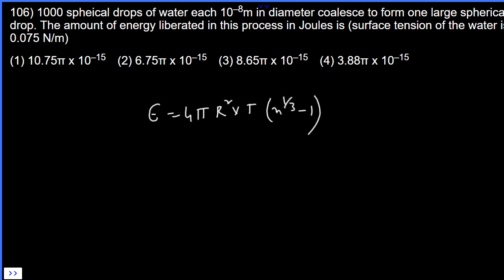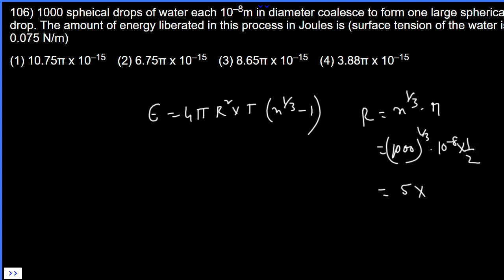First of all we have to calculate the radius. The radius is equal to n power 1 by 3 into the radius of each drop, that is 1000 whole power 1 by 3 into 10 power minus 8 into 1 by 2, because the diameter is given. From this we get 5 into 10 to the power of minus 8. Substituting in the equation we get 4 pi into r square, that is 25 into 10 power minus 16, into surface tension value 0.075, into 1000 power 1 by 3 minus 1.